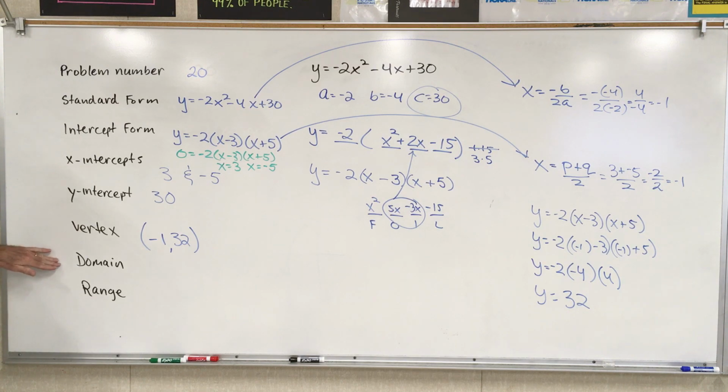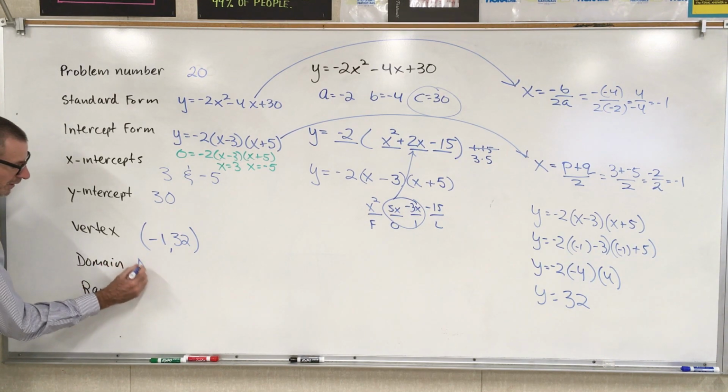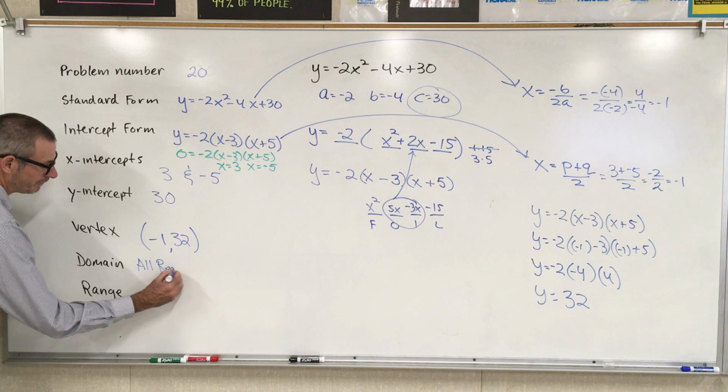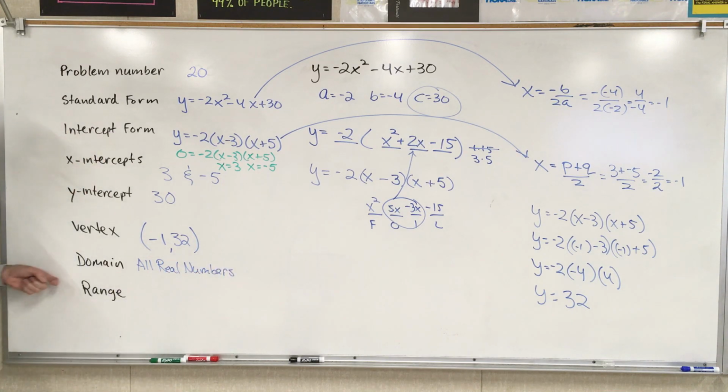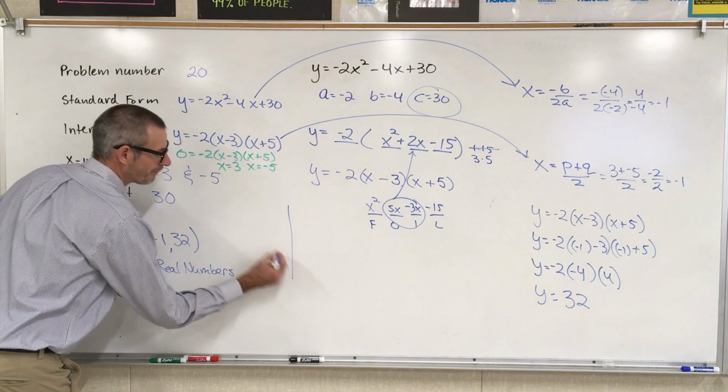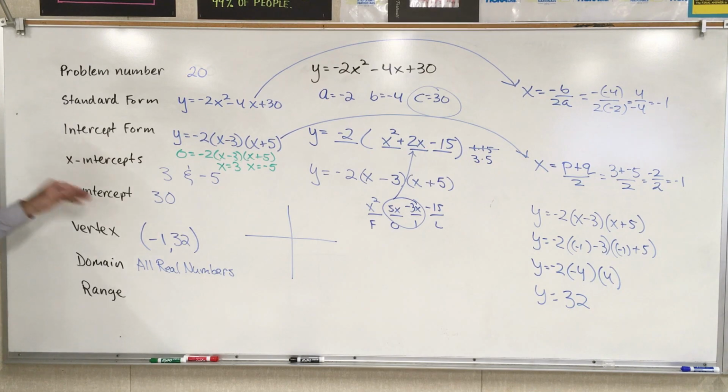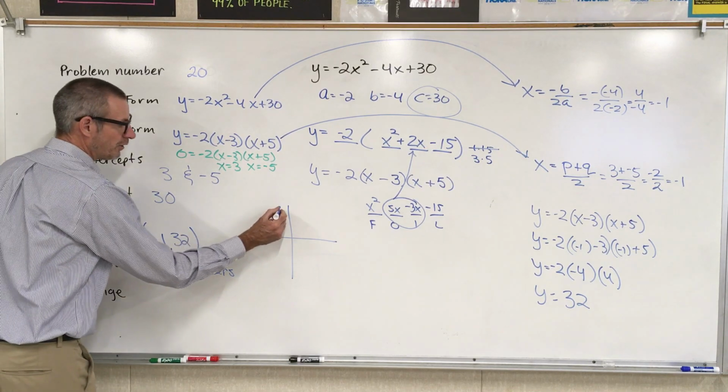All right, for the domain, we will always have all real numbers. And for the range, we better make a quick sketch of our graph. So our vertex is at negative 1 comma 32.